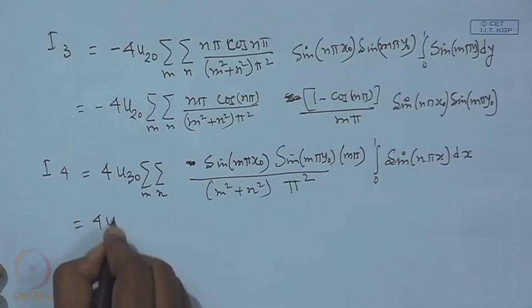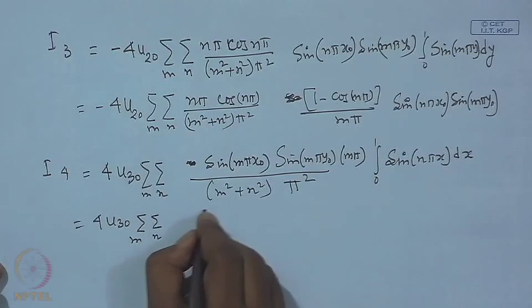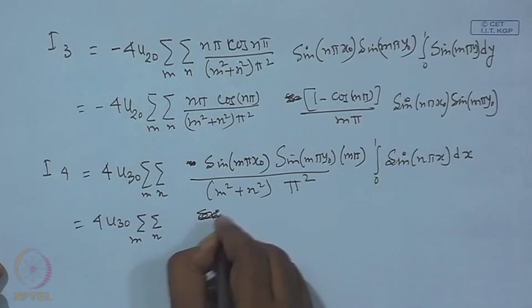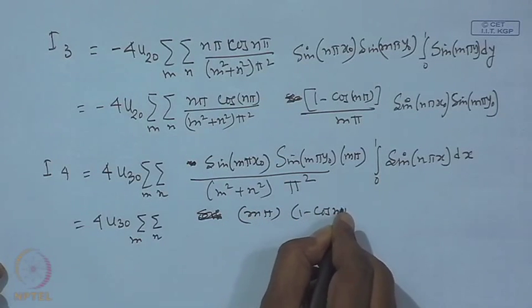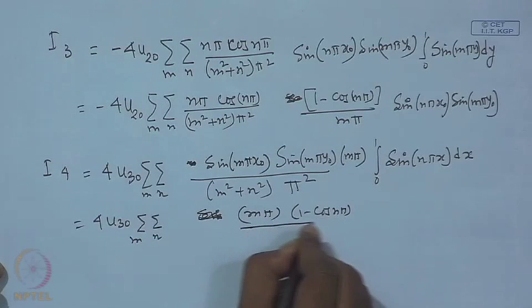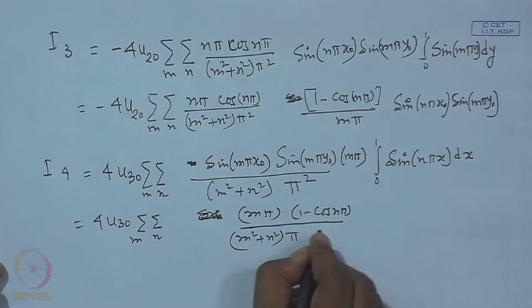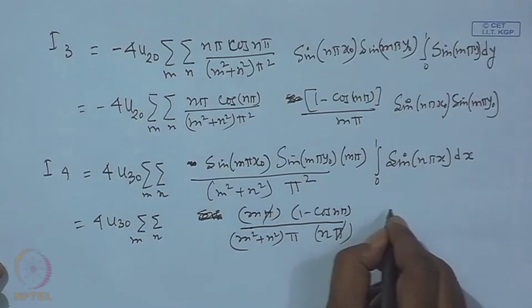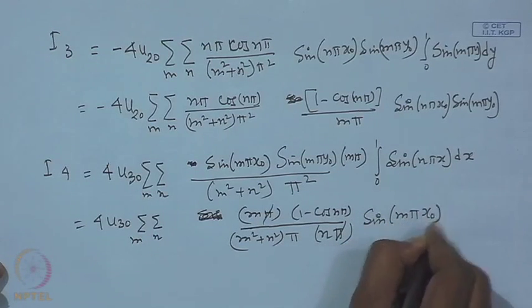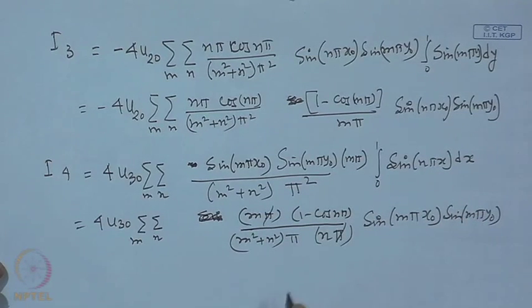So, 4 u 3 0 summation m summation n, this will be m pi, then 1 minus cosine n pi divided by m square plus n square pi square into n pi. So, pi will be cancelled out, it will be sin m pi x naught sin m pi y naught.